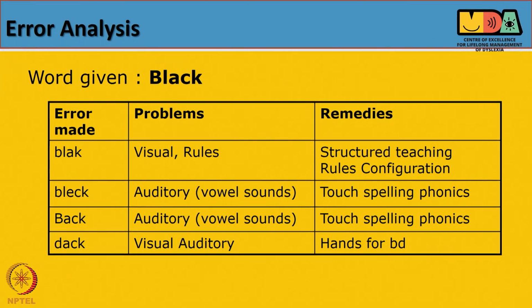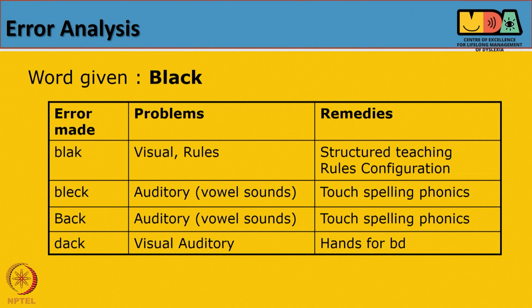To remediate this, let us go back to the way we have taught you how to remediate the reversals of B and D. Use your hands. If required, write B and D and stick it on top of their table. This will help them to correct their visual processing deficit, which is why these reversals are happening.